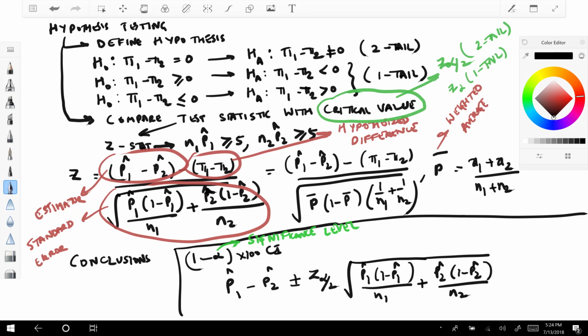So this is actually z alpha if it is one tail.